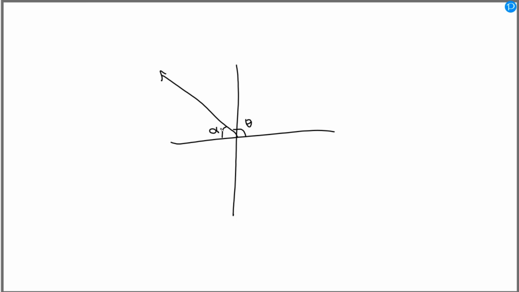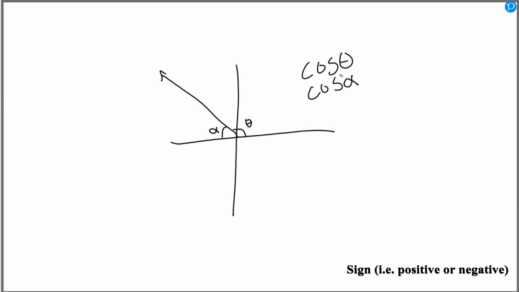Now what's interesting about a reference angle is that the trig function of theta, so let's say cos theta, will somewhat equal the trig function relating to the reference angle, so cos alpha. The value will be the same, except the sign might change, and that depends on the quadrant that the angle is in. So let's remember quadrants.